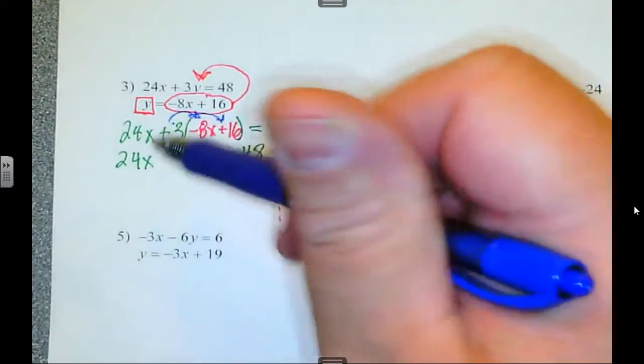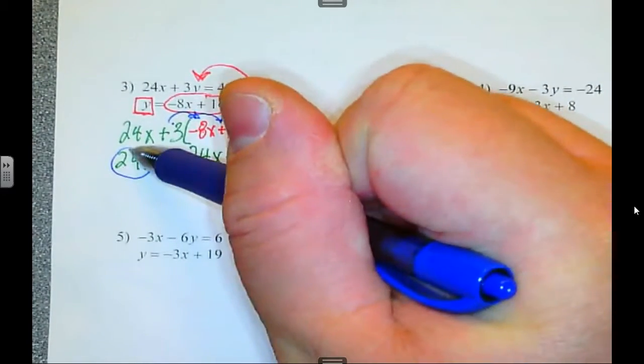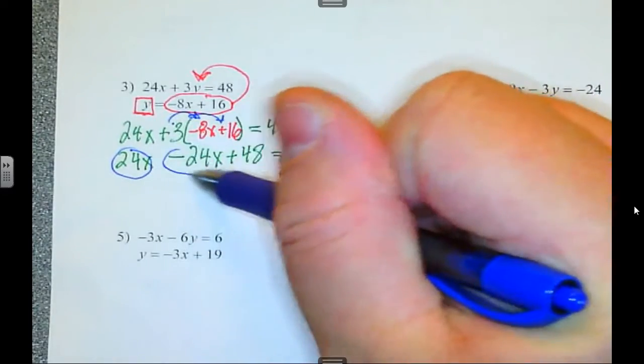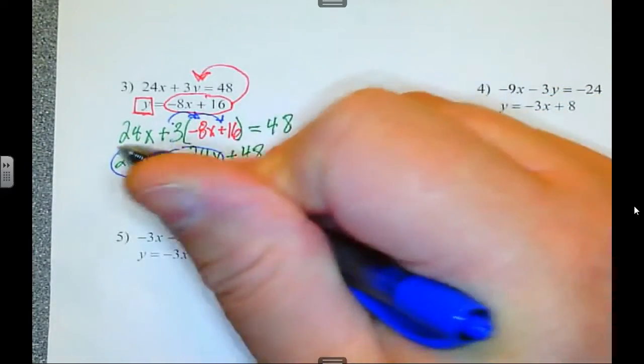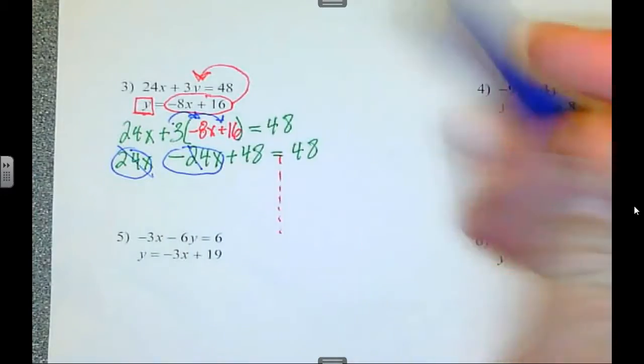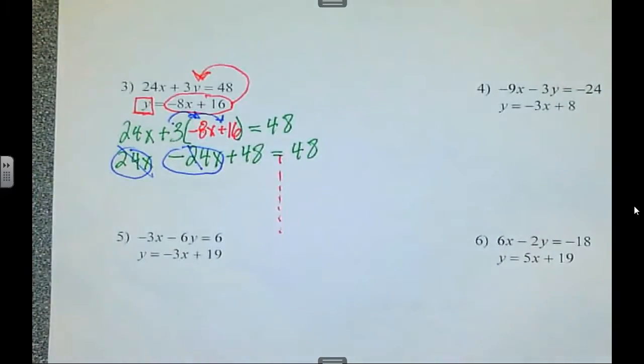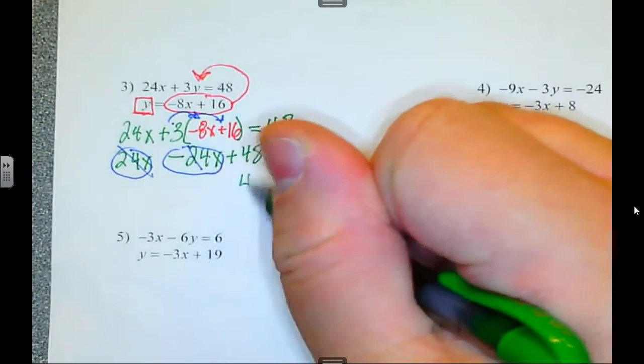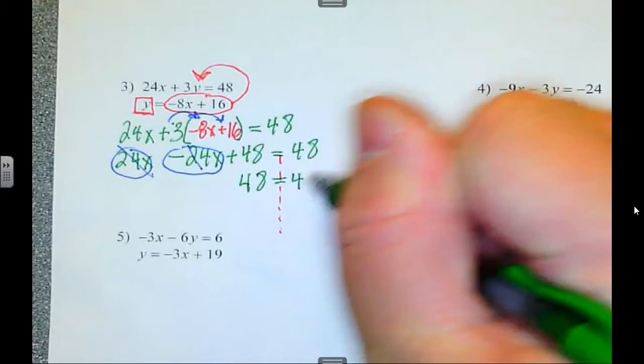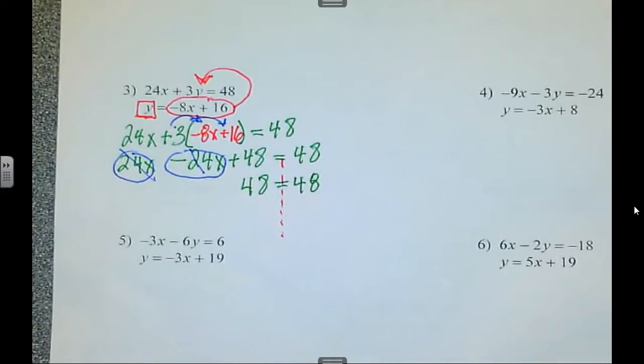All right, combine like terms on the same side of the equal sign. I have a positive 24x and a negative 24x. Well, those cancel out to 0. So I get 48 equals 48. True statement? Does 48 equal 48?